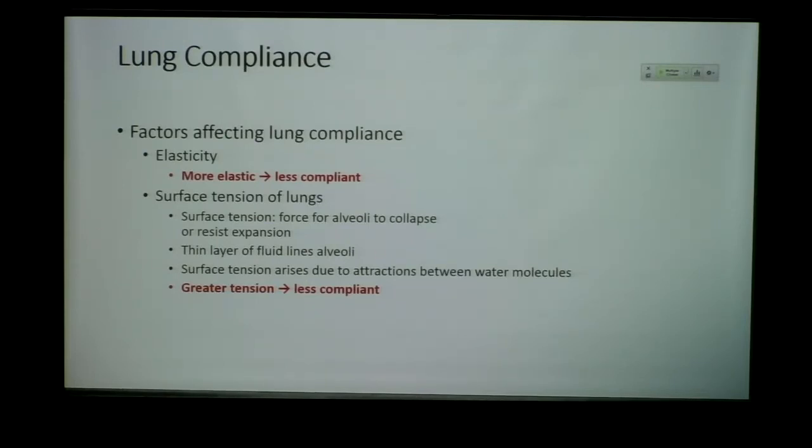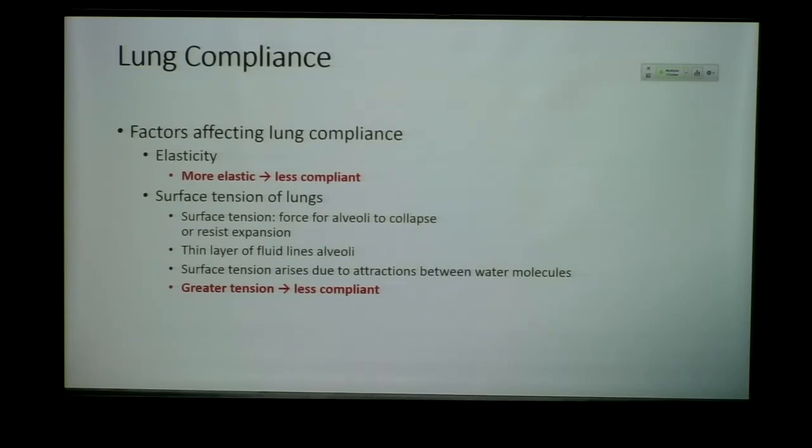Surface tension is another important factor in terms of lung compliance. Now we know that the alveoli have this ability, this natural tendency to want to collapse because of surface tension. And so this is a force within the alveoli that really wants to make them collapse on themselves in the absence of something we'll speak about. So that's caused by a thin layer of fluid that lines this alveoli.